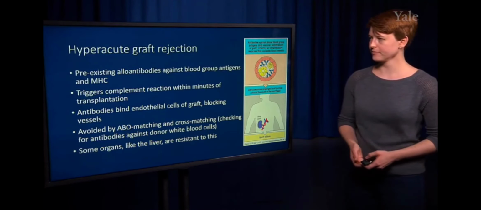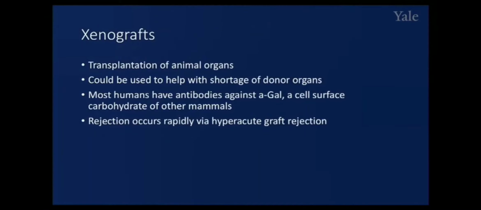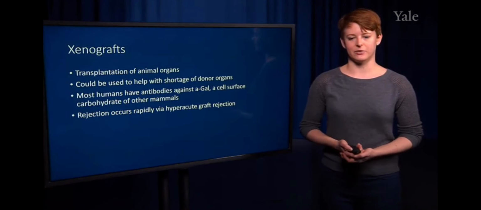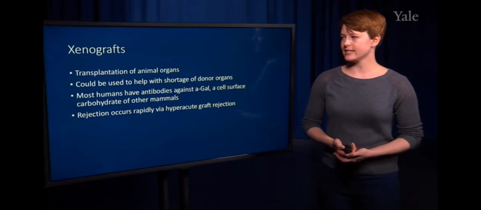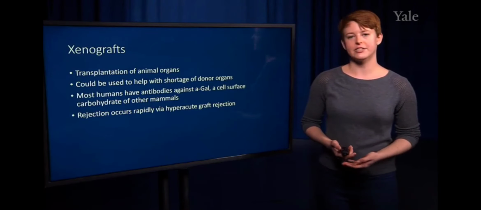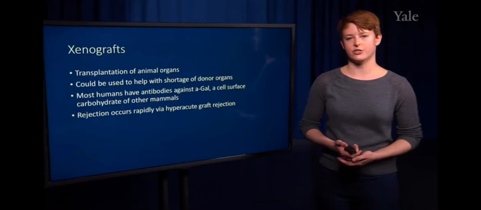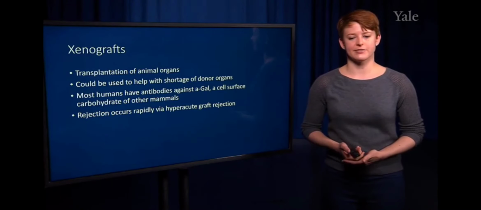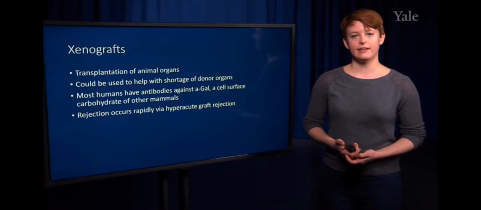You might hear discussion of xenografts in talks of organ transplantation. A xenograft is a transplant into a human with an organ of animal origin. This is discussed often because there's a dramatic shortage of donor organs, and so the ability to use organs from an animal, especially a pig, would help reduce this shortage.